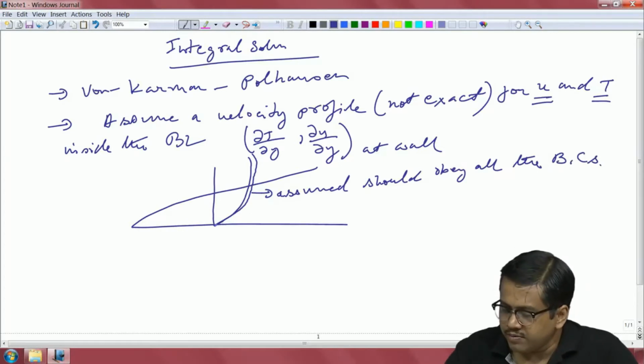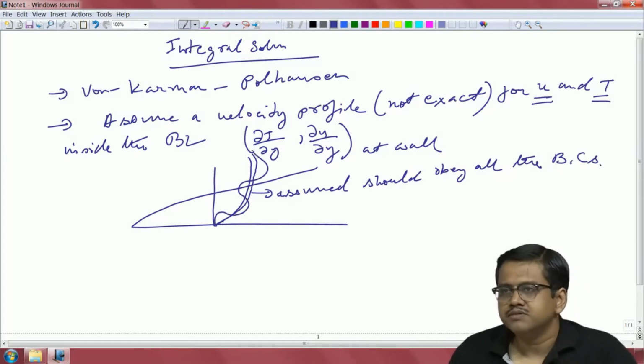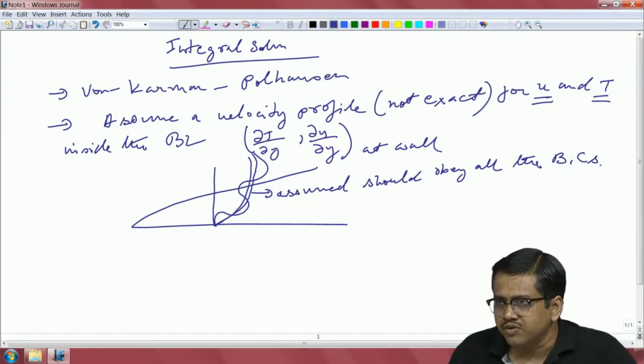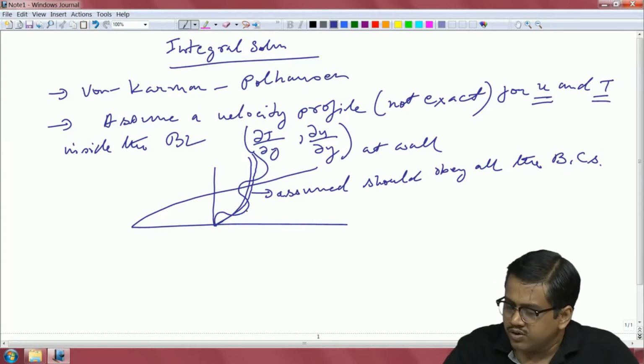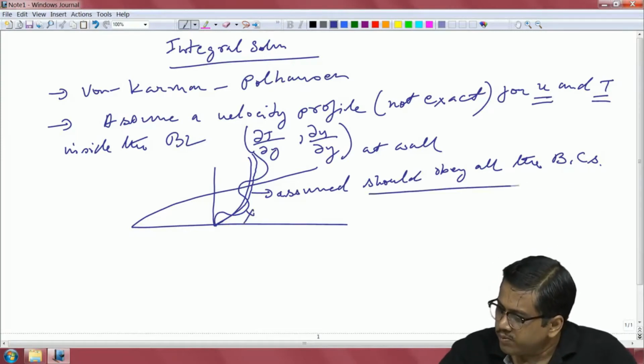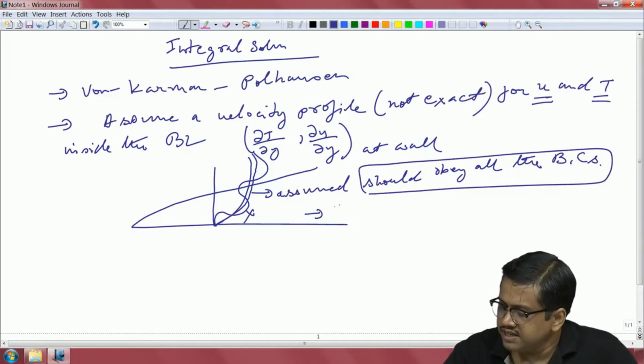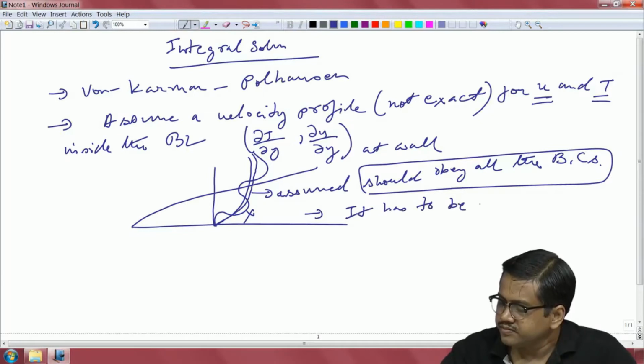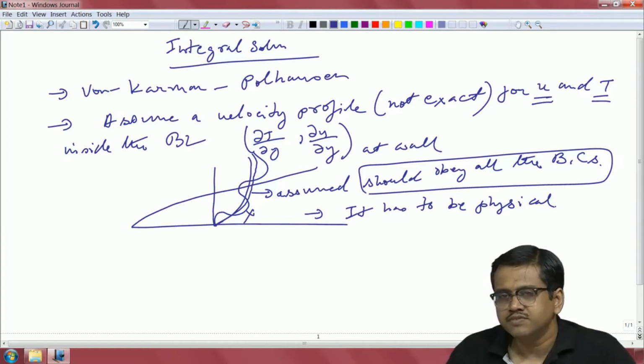I cannot have a profile like this, for example, because that will not be physical and will not agree with the boundary conditions either. So, one is that it should obey all the boundary conditions, and the second is that it has to be physical, in the sense that it has to obey certain physical characteristics.